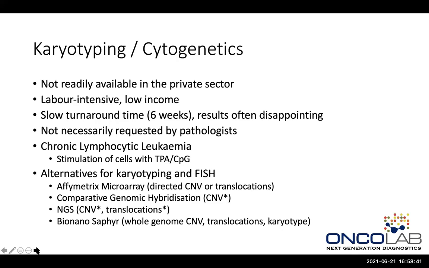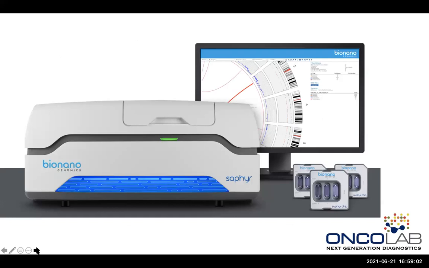It's like a mixture of a hybridization experiment and sequencing. It can do whole genome copy number variation. It can do whole translocations, including novel translocations, and it can do complex karyotypes. About 4 days.